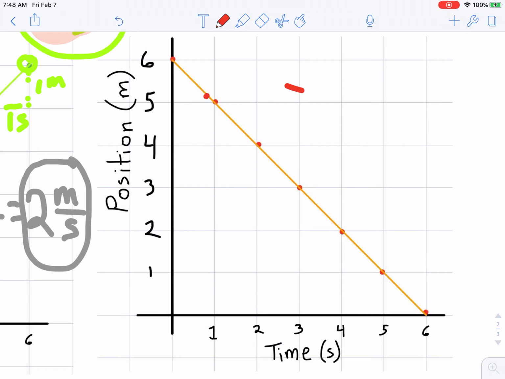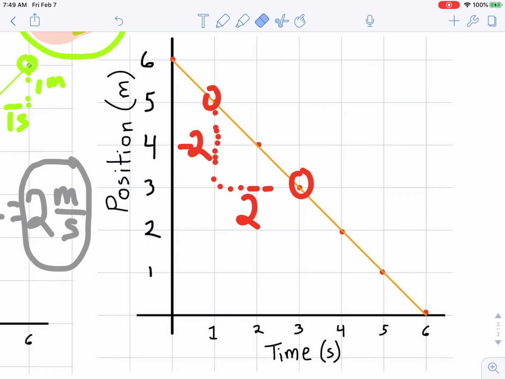And let's just use this point and this point, the 2 lattice points here. If I go down 1, 2, across 1, 2, we have a rise of -2 and a run of +2, which means that our slope equals -2 over 2, which equals -1.